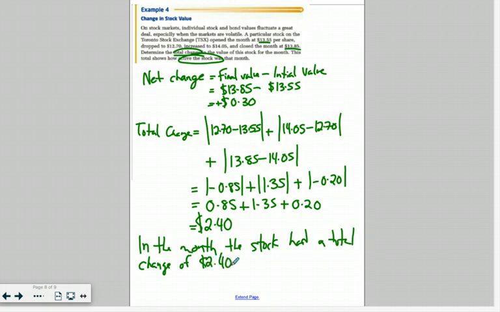Oftentimes if you're looking at just, let's say, distance traveled, it doesn't matter whether you're going forward or backwards. You're just looking at how much you traveled and adding it all up to find the total distance, and this is like the total change. So again, that's that big difference: when we're only interested in positive values, we'll want to take the absolute value of things. And that's just our introduction to what absolute value is.